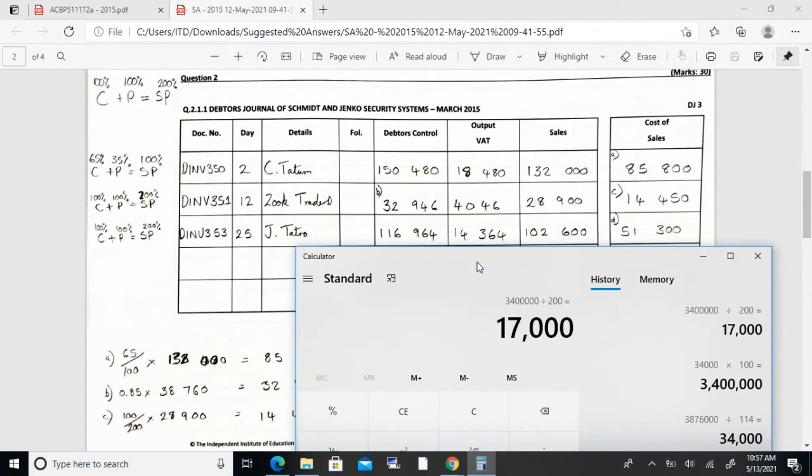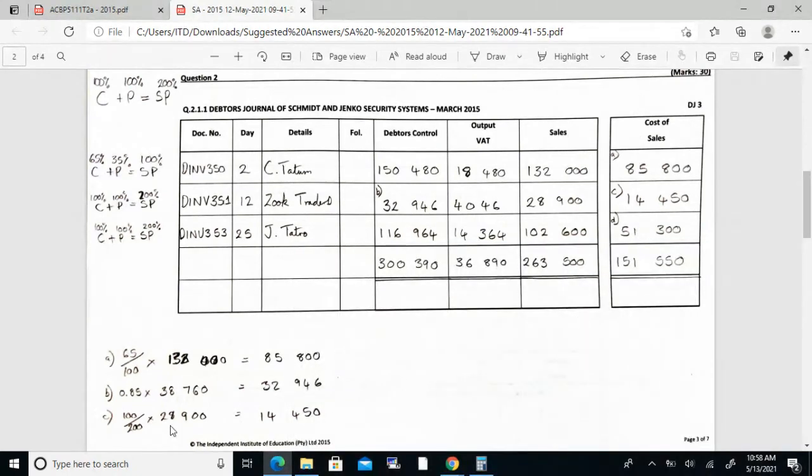Next and last one was on the 25th. Credit sales of trading inventory, markup 100% on the cost. Can you see our model is exactly the same? Profit is 100 because markup is 100. Cost is obviously 100 because it was on cost. And then selling price will be 200. We've got our model, let's plug in our amounts now. There's no discount there, so we take our 116,964 and plug that in under debtors control. We calculate our VAT.